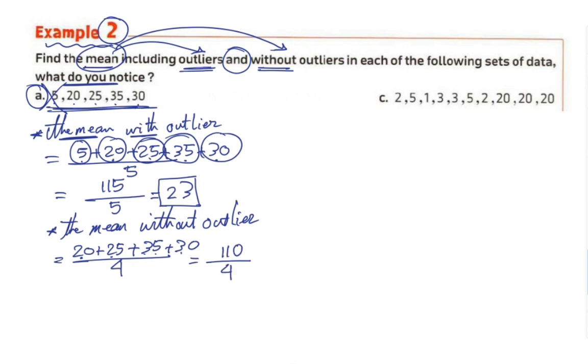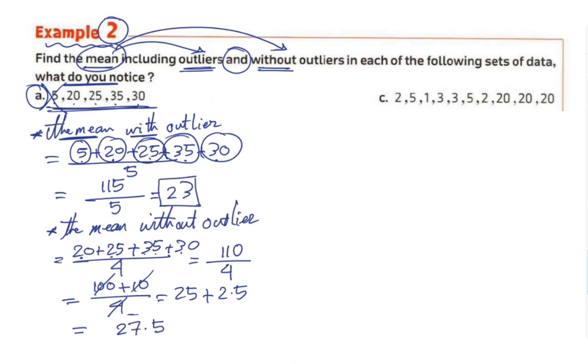Without using a calculator, I have 100 plus 10 divided by 4. 100 divided by 4 equals 25, plus 10 divided by 4 equals 2.5, that's equal to 27.5.